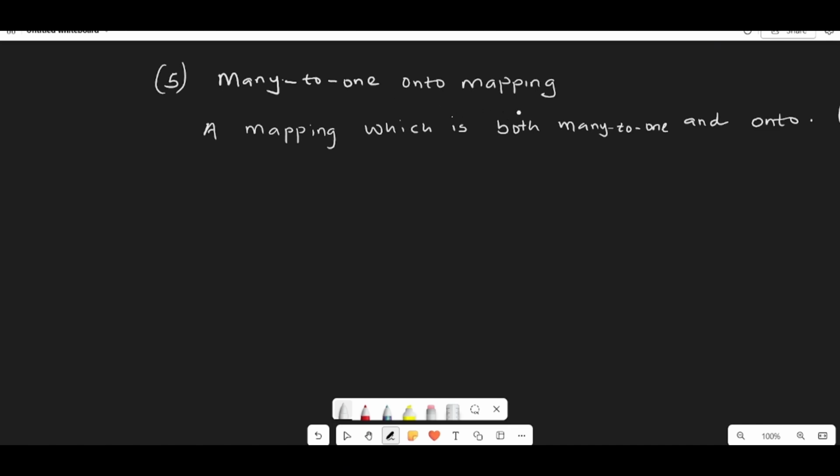Many-to-one onto mapping. A mapping which is both many-to-one and onto. Let us consider this example for better understanding.